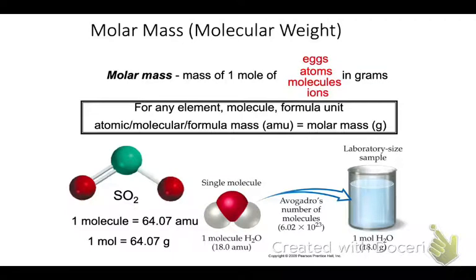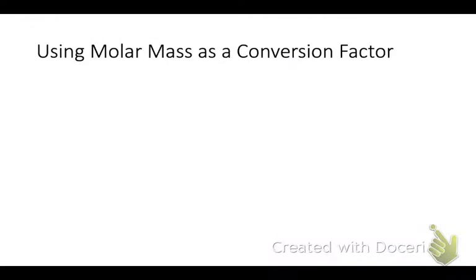Now, one molecule of water has 18.0 atomic mass units. However, 1 mole of water will have 18.0 grams, and that is what we call the molar mass of water.